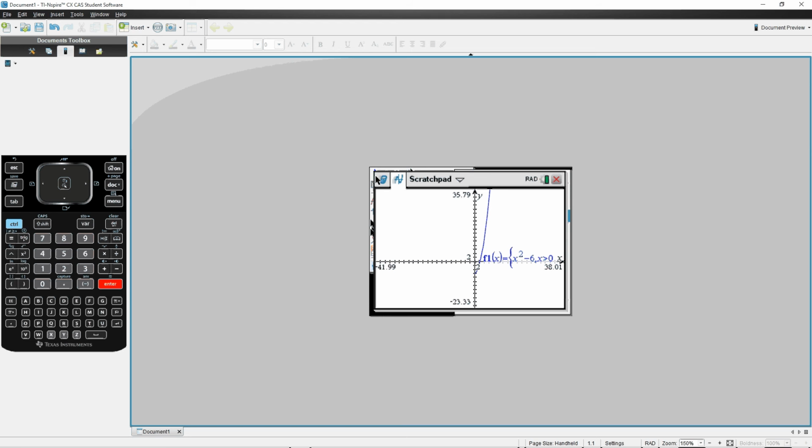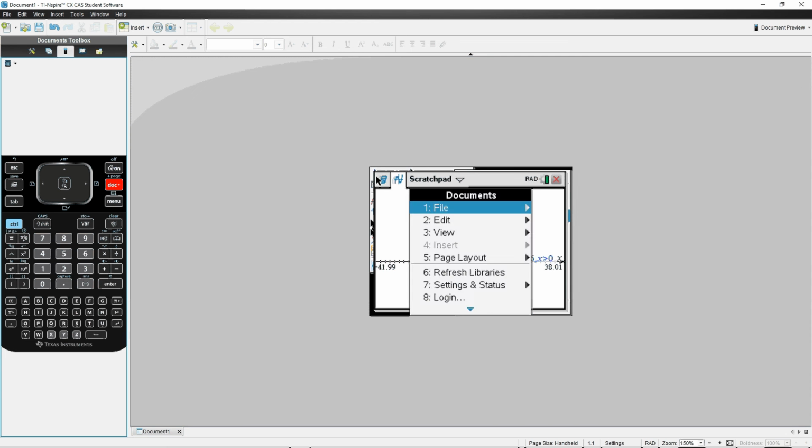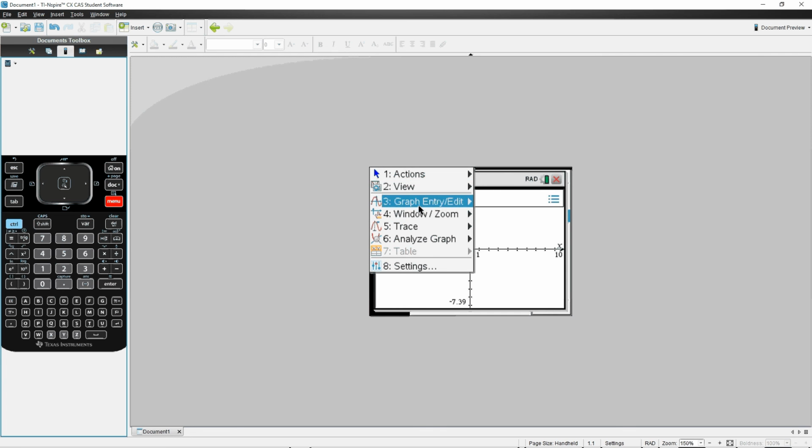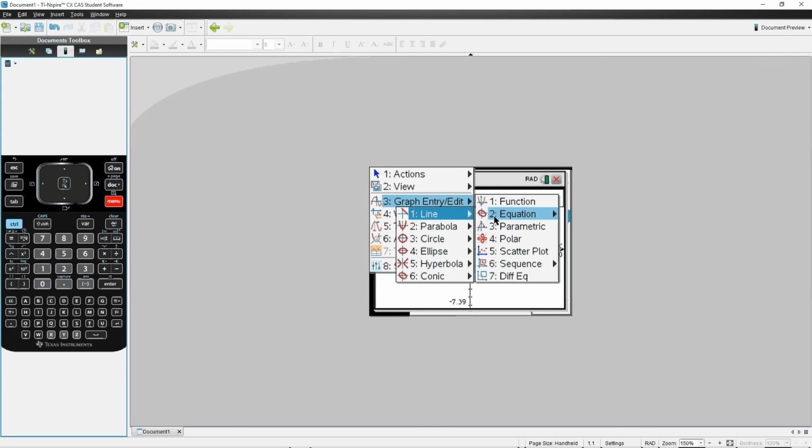Our next type of graph is going to be our graphs where it's still in Cartesian coordinates, but it's not very manageable to solve for y. And these are going to be your hyperbolas and your ellipses and even your circles. So how are we going to graph these? Well, if we go to menu, graph entry, and equation, all of these things are going to be here for us.